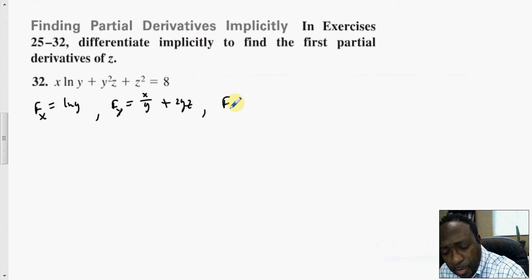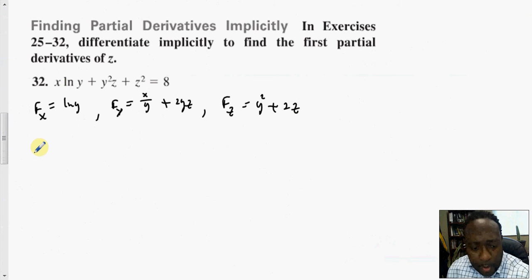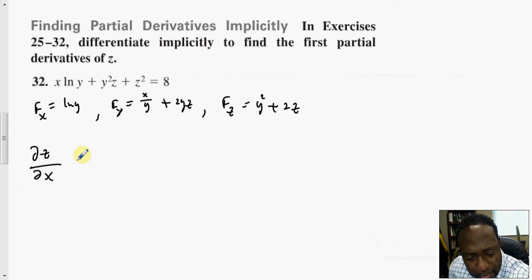And then we need the partial of f with respect to z, and that is y squared plus 2z. So the partial of z with respect to x is what you need.